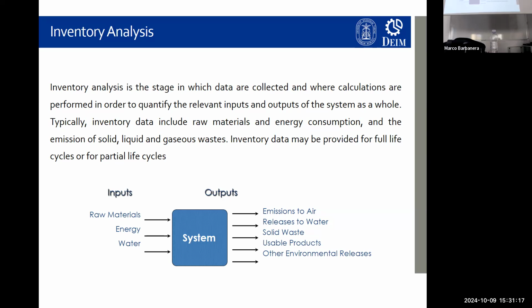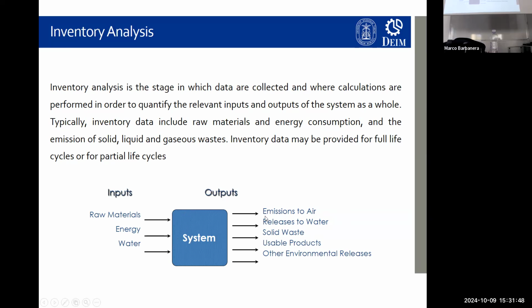Then we have to define which input and output data we have to collect for each unit process of our flow diagram. For each unit process, we have to collect this kind of information: raw material consumption, energy consumption, natural resources consumption, for example water.